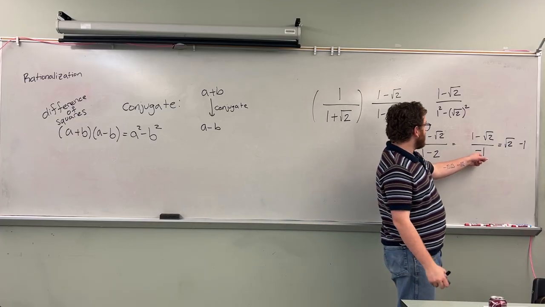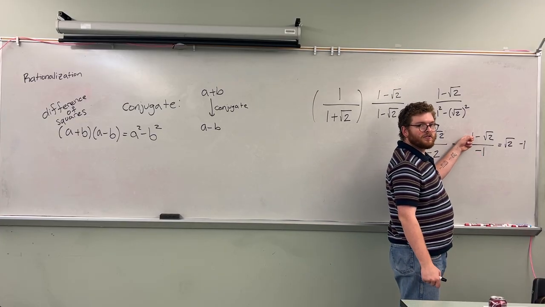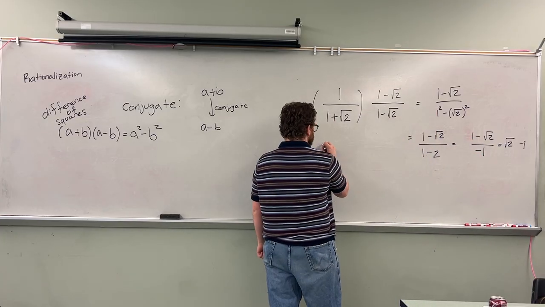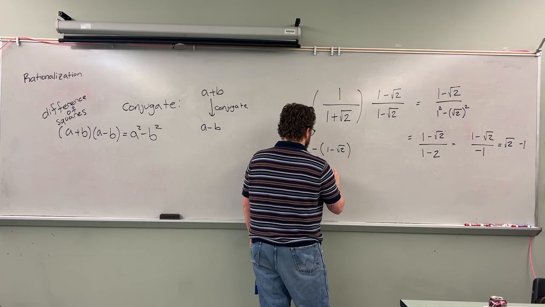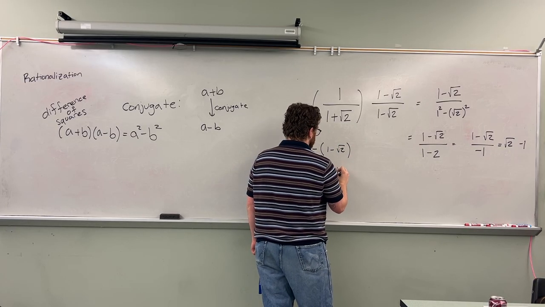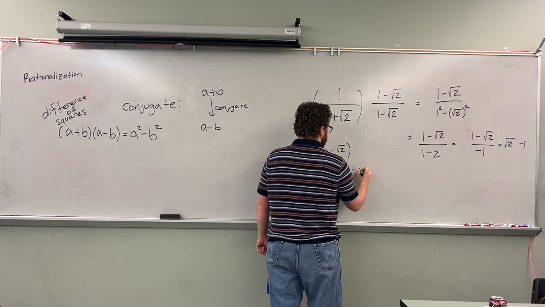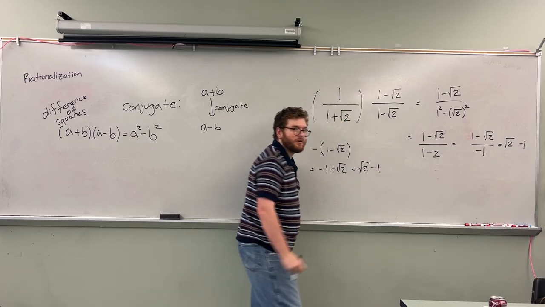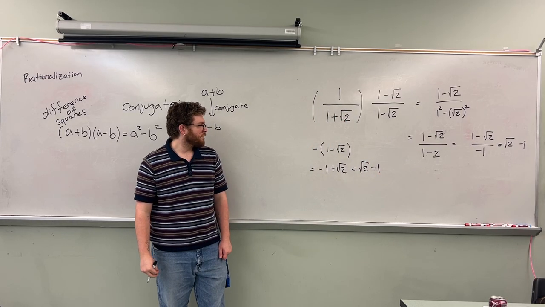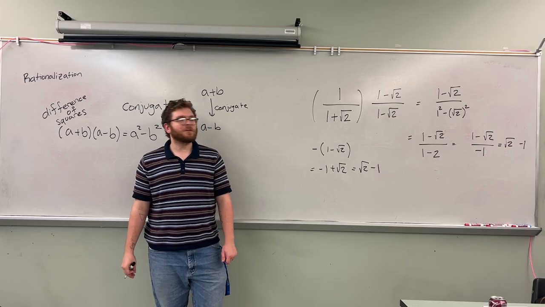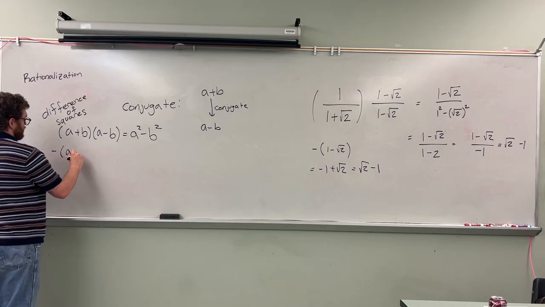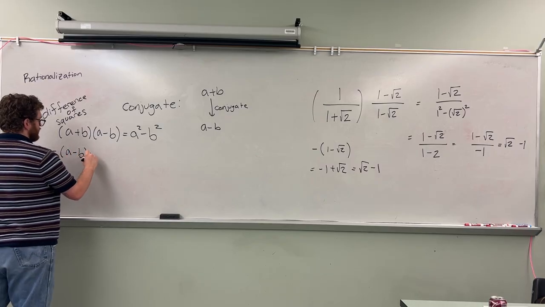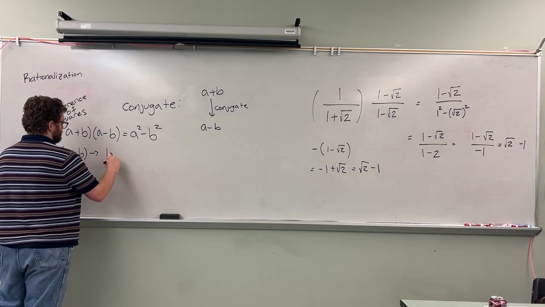Right? The negative sign, it doesn't matter if it's on the bottom or the top. Now if I do negative of 1 minus root 2, that's negative 1 minus minus is plus root 2, which is root 2 minus 1. So that's just something else useful to remember. If I take a negative sign in front of subtraction, it flips the order of subtraction.